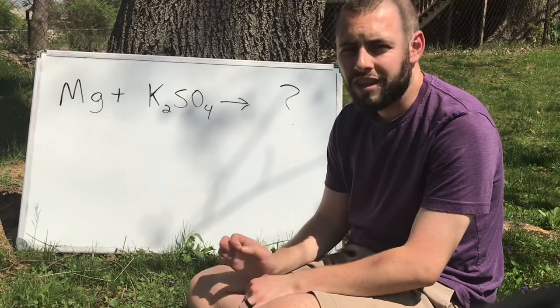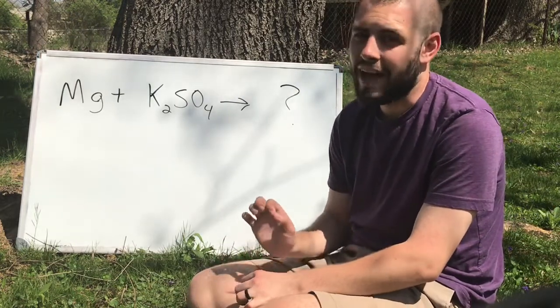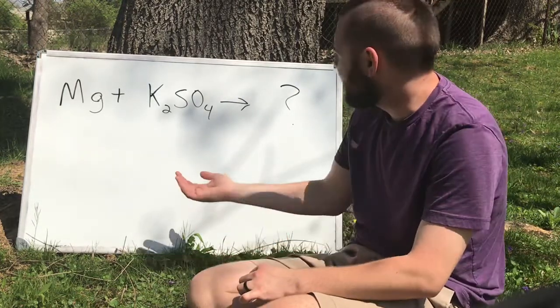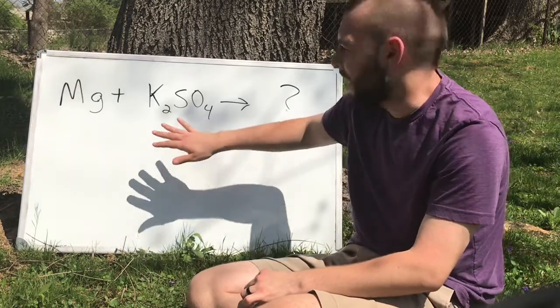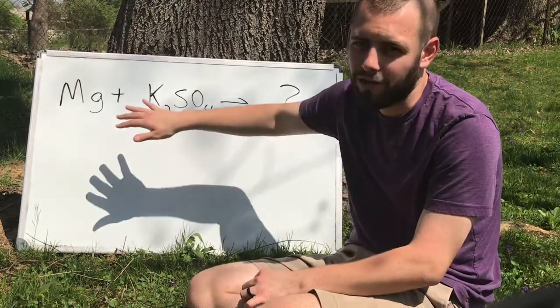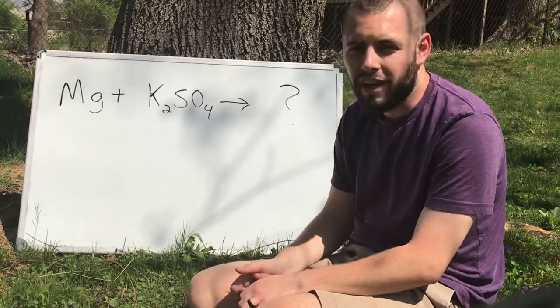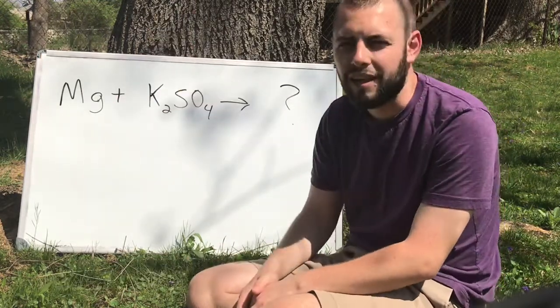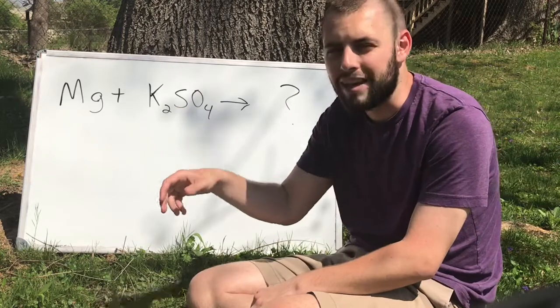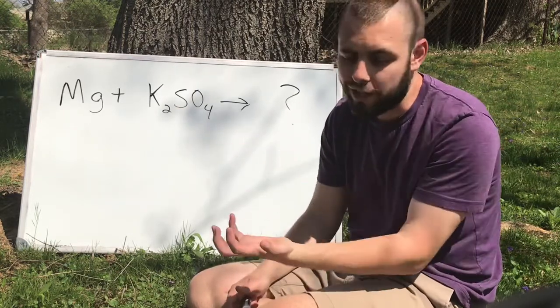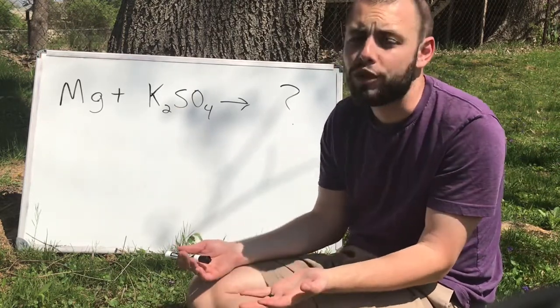This reaction actually will not happen. There's going to be no reaction if I were to mix these 2 chemicals. If I had a solution of potassium sulfate and I dropped some solid magnesium metal in there, it would sink to the bottom and it would do nothing.